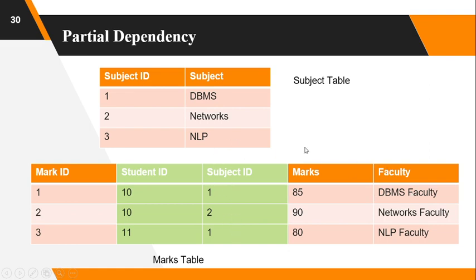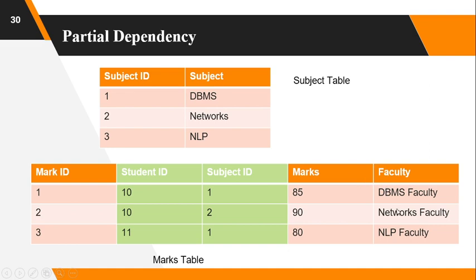But it is not at all depending upon the student ID. Only the faculty column depends upon the subject ID, because the faculty of a subject, for example DBMS, depends upon that particular subject. There is no need to depend upon the student ID. So this faculty is depending upon the subject ID alone.